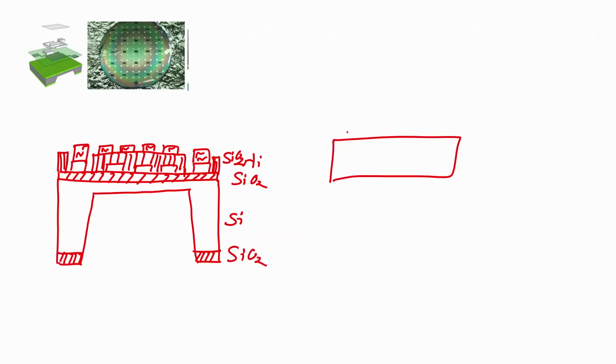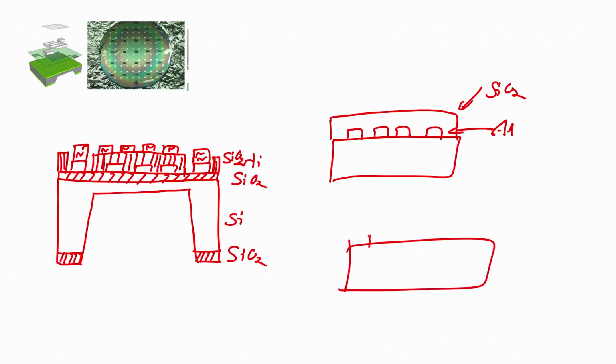Suppose I have a wafer with aluminum, and I have SiO2 which I want to etch in a way that aluminum is here and SiO2 only stands here. Okay, you got it, right.